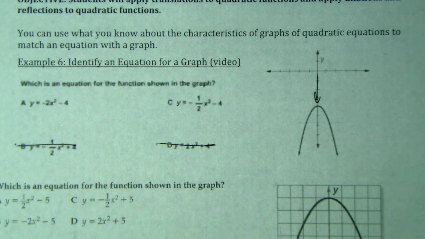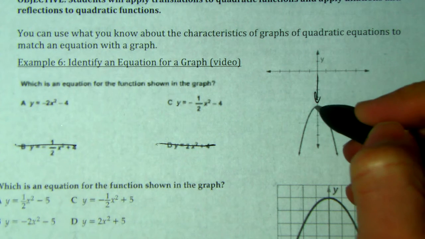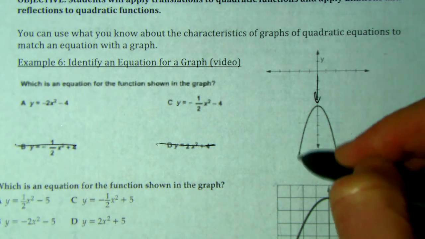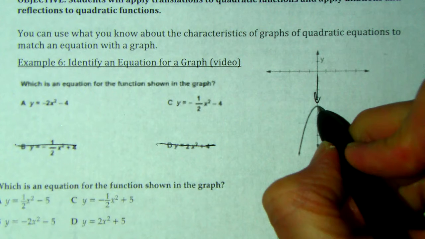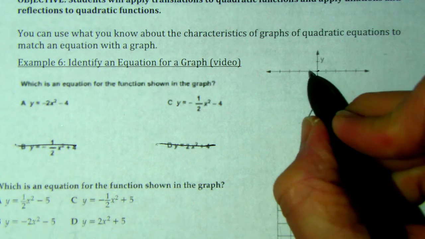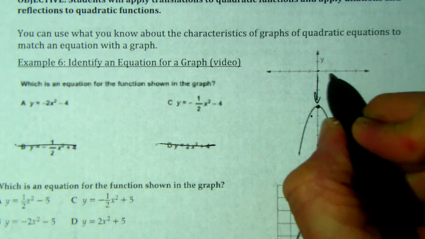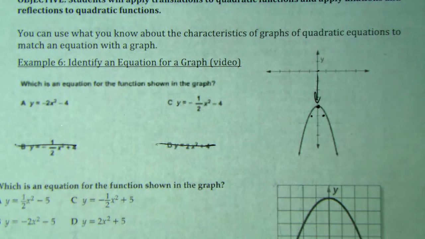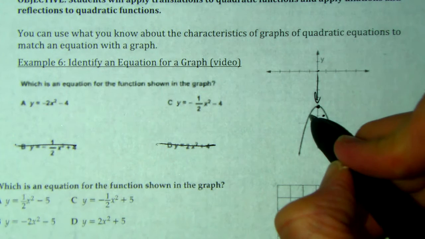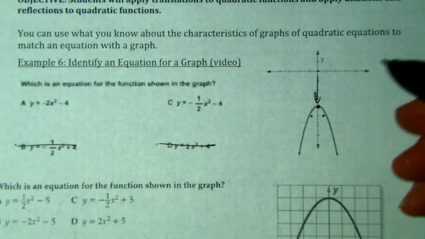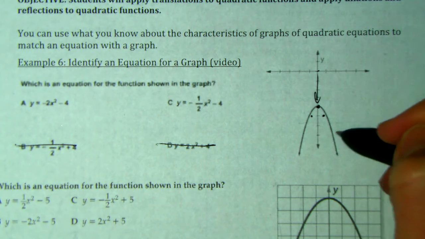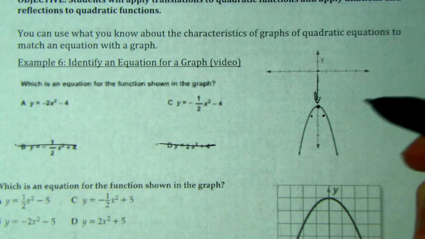Okay, but is this going to be a stretched curve or is it compressed? So here's what I look at. I'm going to look right here. Is it out 1 over 1? It is not quite, but let's see. What's this one? Is that like 2 down 4 over 2 down 4?